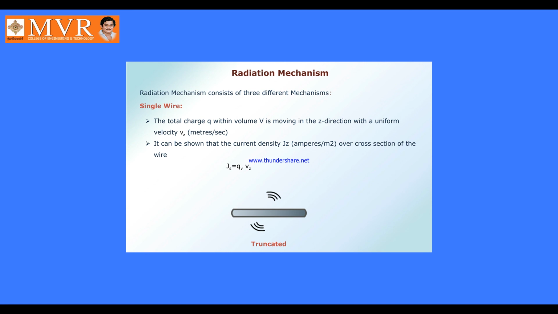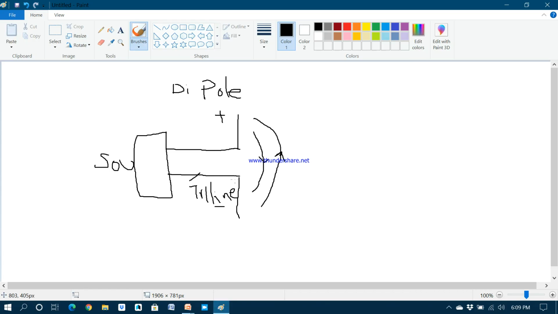Let us look into the radiation mechanism. Here we can describe the antenna. Once again, please look at this: this is the transmitter end.